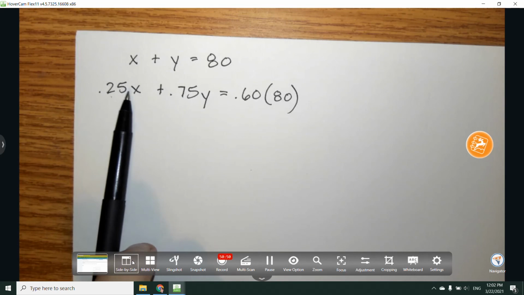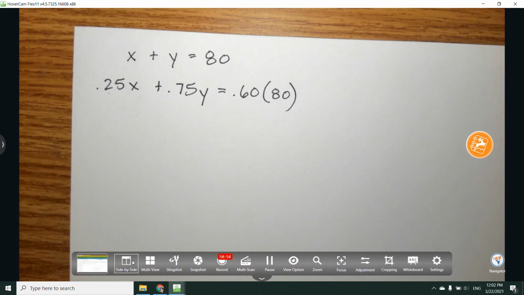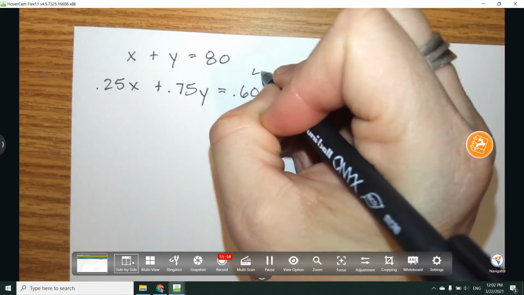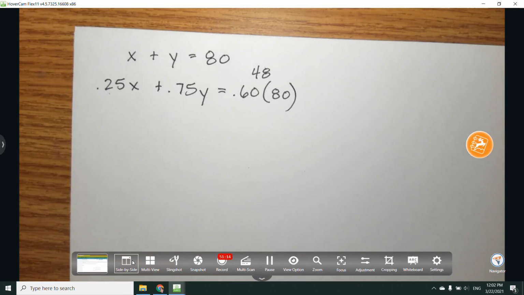This is the percent for this liter. This is the percent for this liter. It's going to equal the combined percent of acid. So the total liters of acid, if we just extracted the acid out of this, should be 48 liters of acid out of a total of 80.